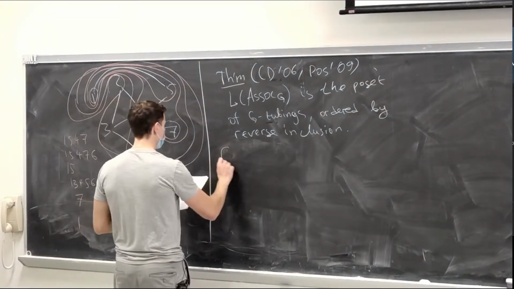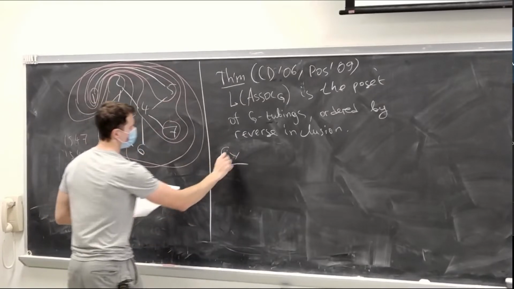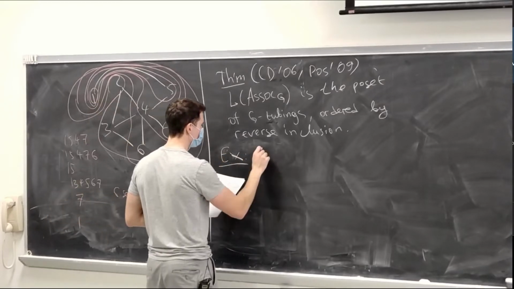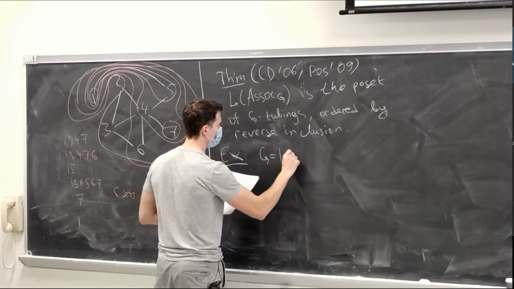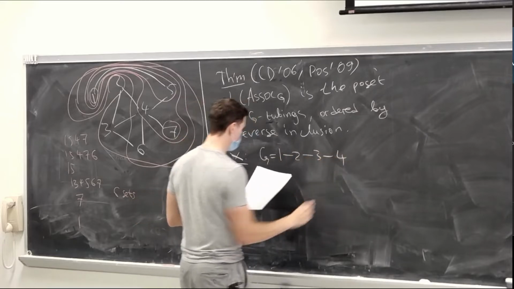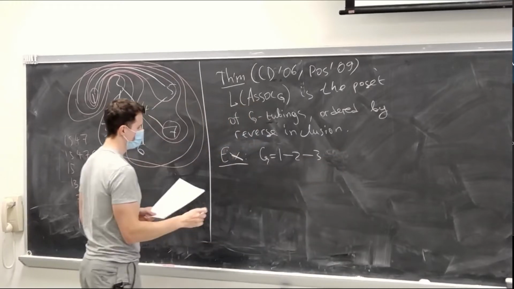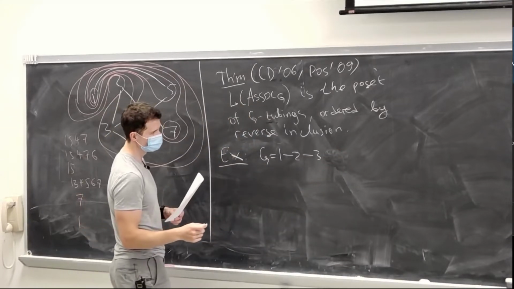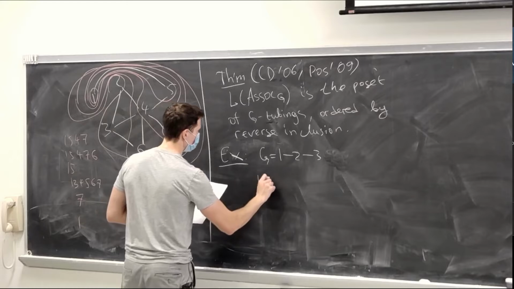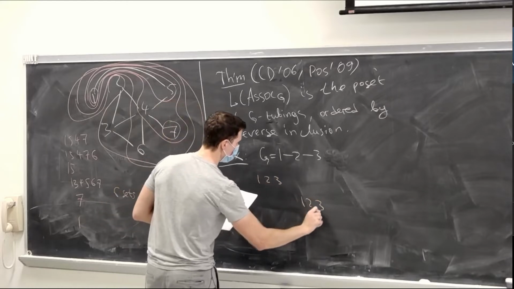All right, so okay, let me try an example for the usual associahedron. Maybe G is the graph 1, 2, 3. Then I'm supposed to get a pentagon.